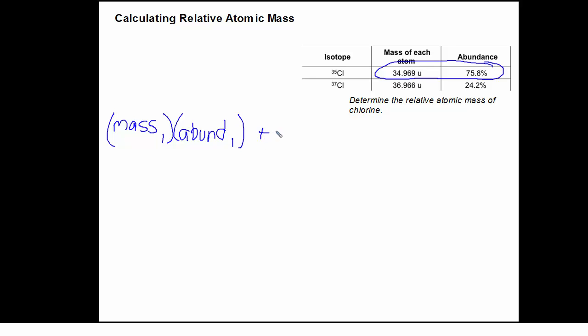Then I'm going to add that to the mass of isotope 2, multiplied by the abundance of isotope 2. That gives me the relative mass. Now I should note also that this abundance is a decimal.